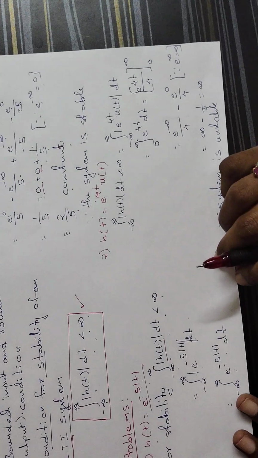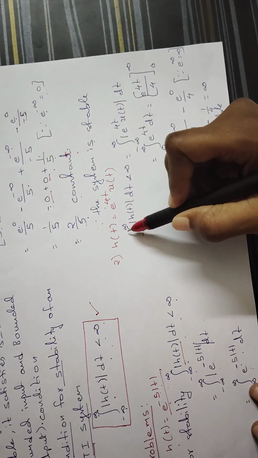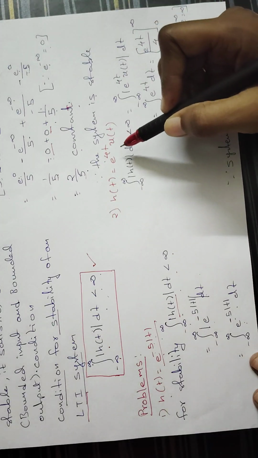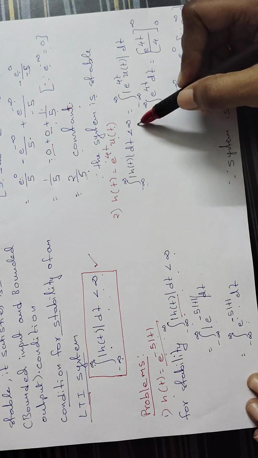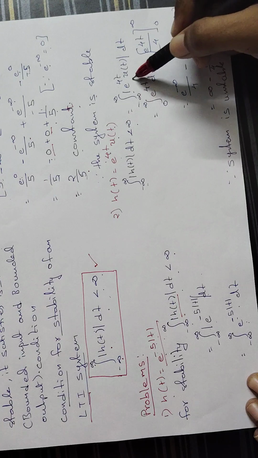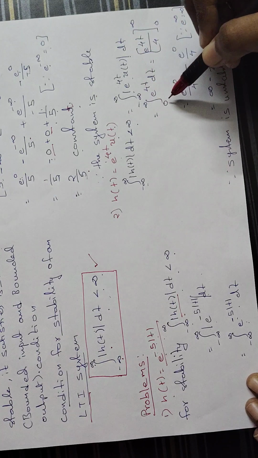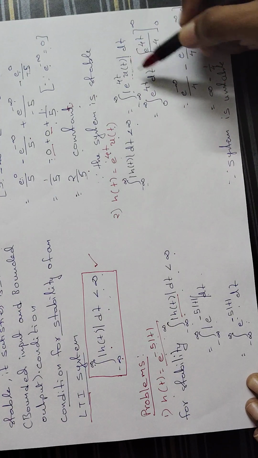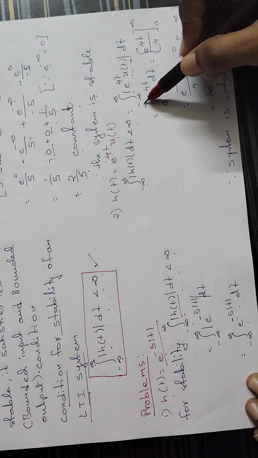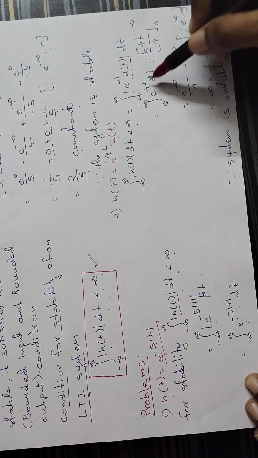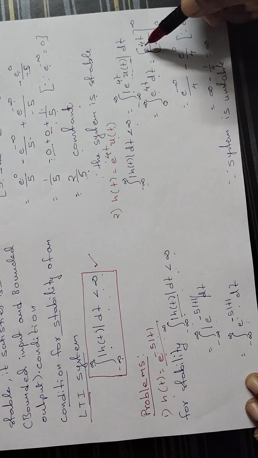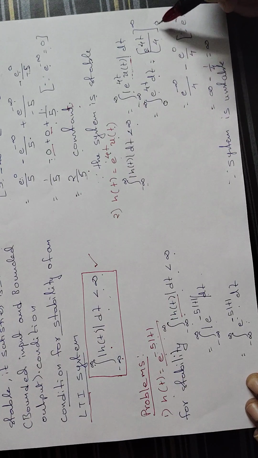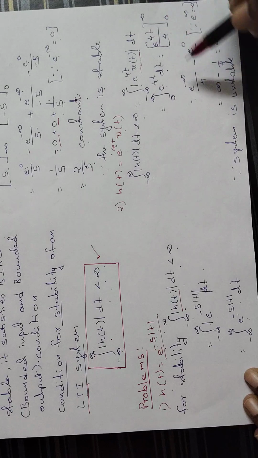Let us see one more problem, that is h of t is equal to e power 4t u of t. Write down the condition, then substitute the h of t value here. If you remove u of t, then you have to change the limits from 0 to infinity, that is e power 4t into dt. Integrating, e power 4t divided by 4, with limits 0 to infinity.